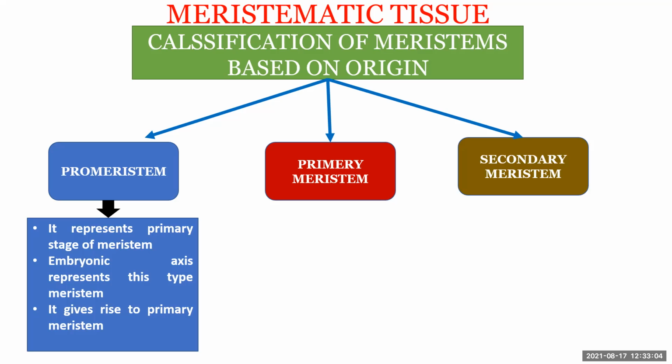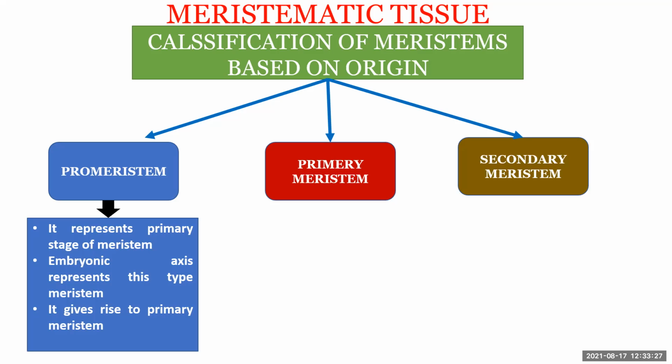Promeristem is also known as primordial meristem or embryonic meristem, which is developed from the zygote. The zygote divides mitotically and produces a multicellular embryo.